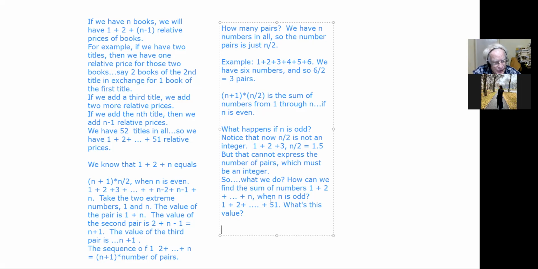Yes, I agree that in this summation, we can again pair off the numbers. And each pair has the value of n plus 1.